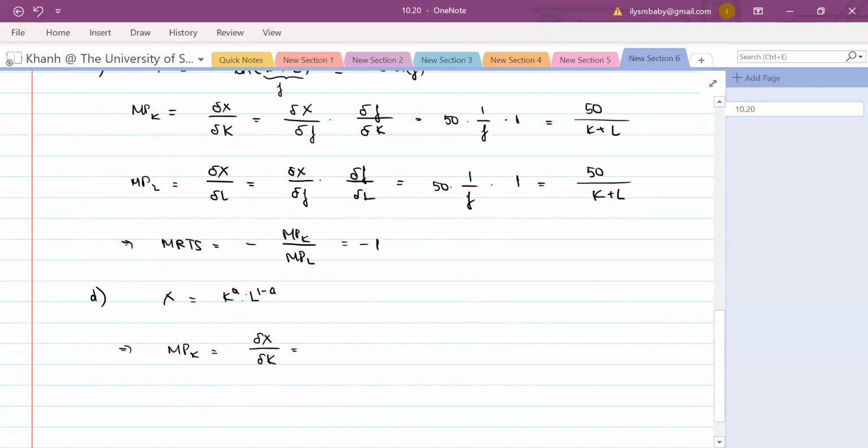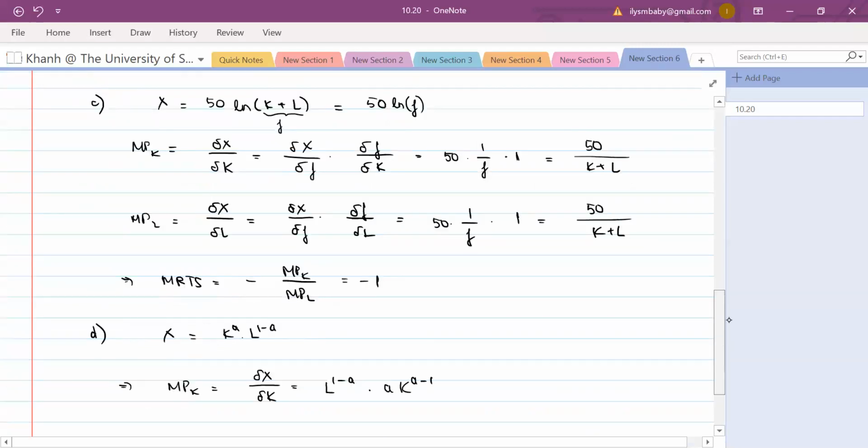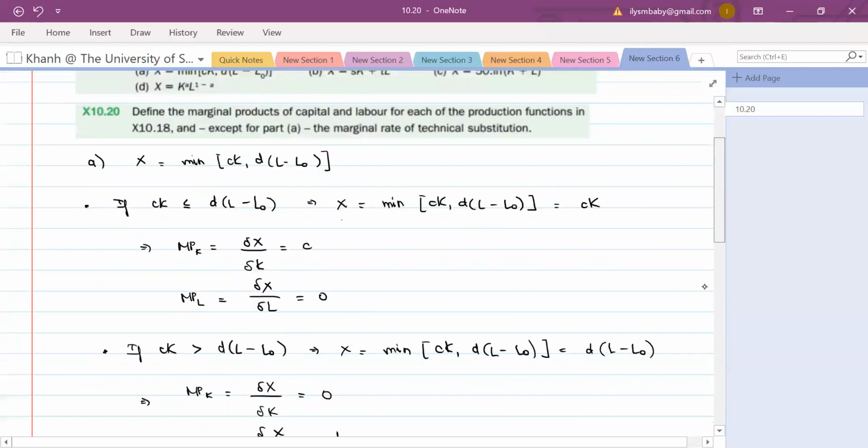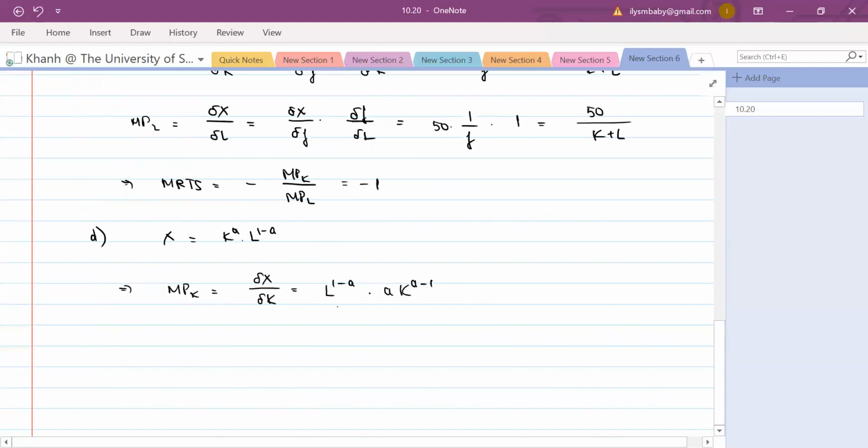We have been doing this so many times. We are treating L as a constant, so L to the 1 minus a will remain there as a constant. And when you differentiate k to the power a, you get a k to the a minus 1. Okay, so k to the power a minus 1.